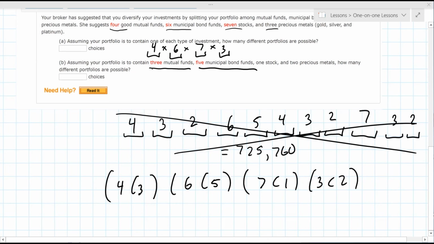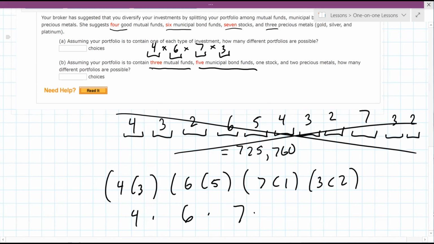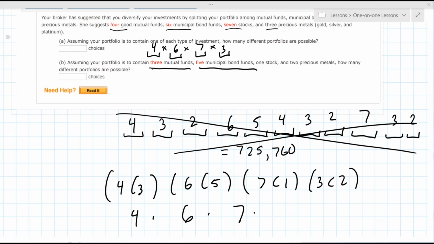So 4 choose 3, you have to be able to get that number down. That's a calculator thing again. So that's 4. 6 choose 5, which is 6. And 7 choose 1, that's 7. And then 3 choose 2, that's 3.